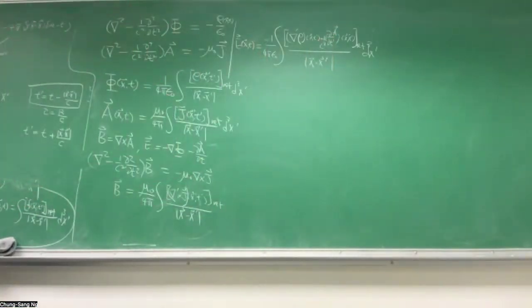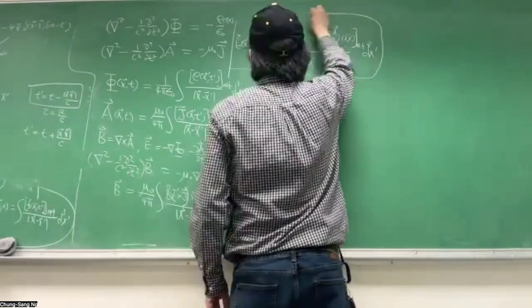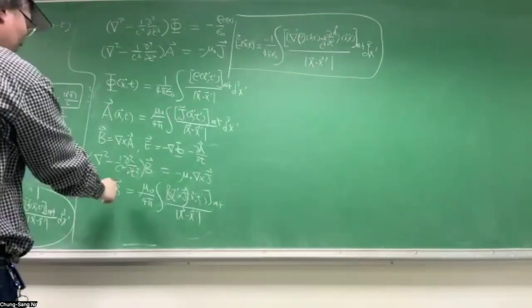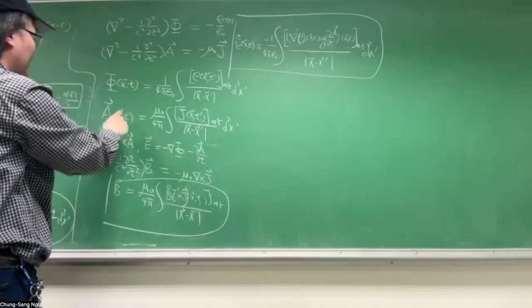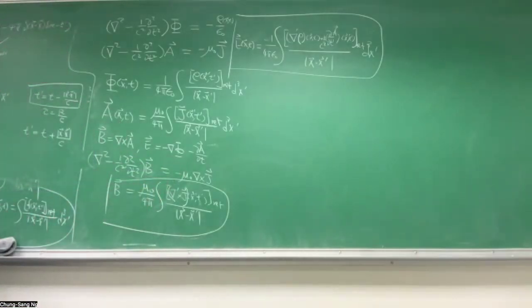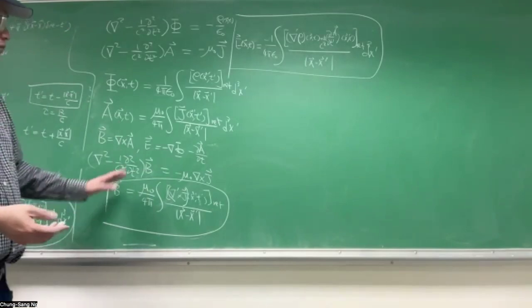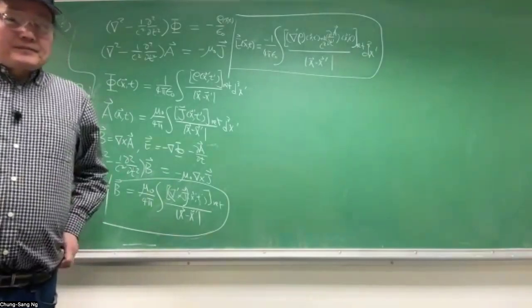Okay, so that would be equation 6.51. So you can also use this and that as your B and E instead of getting A and phi and doing this. So either way is a valid solution, but depending on the situation, one may actually be easier to solve.